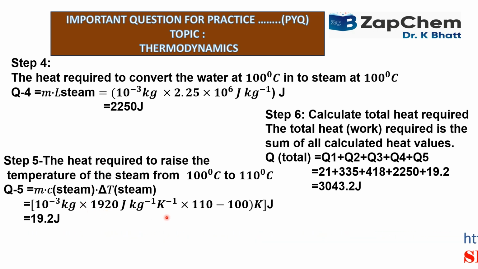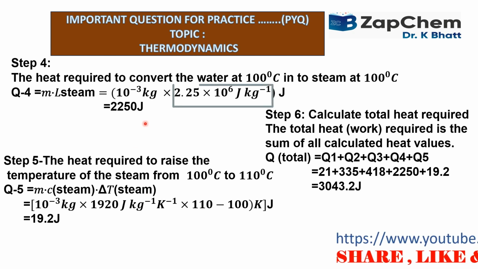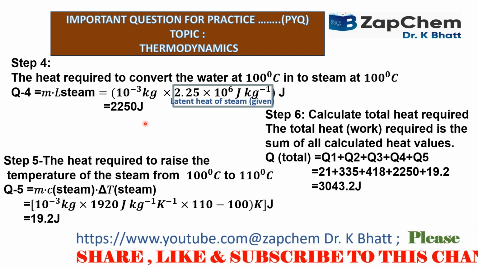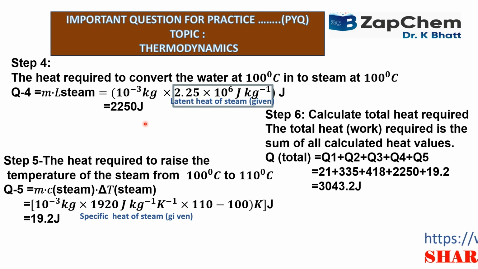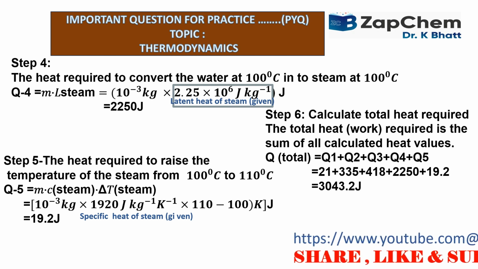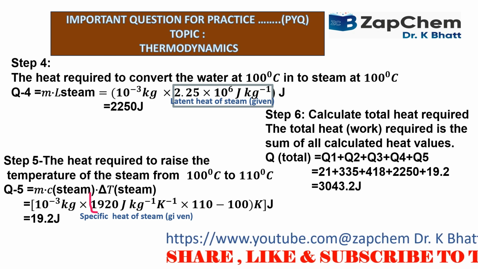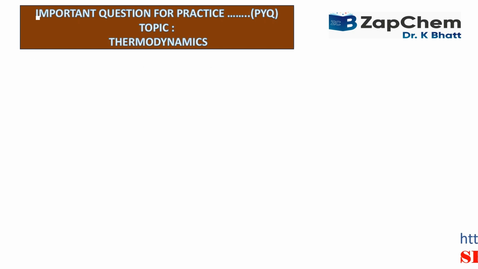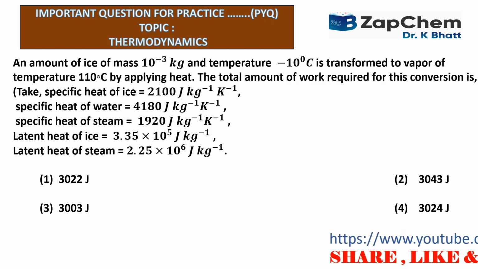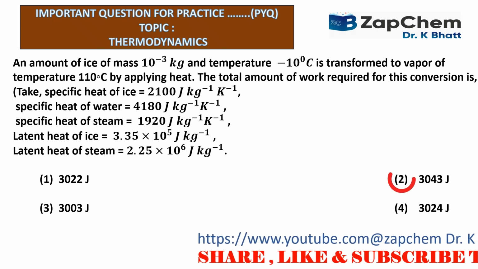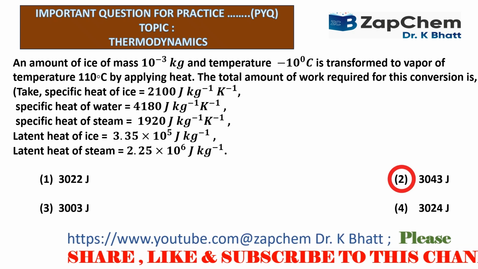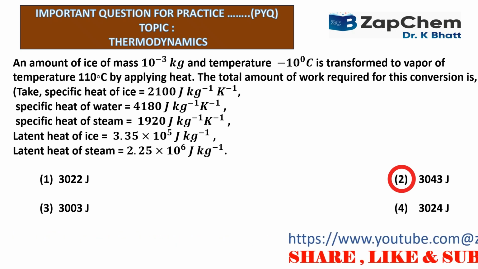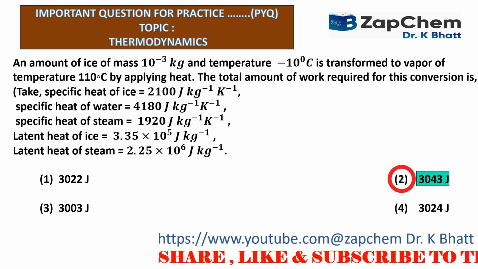Of course, we have to take care of the units. 2.25 into 10 to the power 6 joules per kg is the latent heat of steam as given to us. Similarly, 1920 joules per kg per Kelvin is the specific heat of steam given to us. And then finally, if you add it up, you get the correct value as 3043 joules. Well, that is our right answer, which matches with option 2.